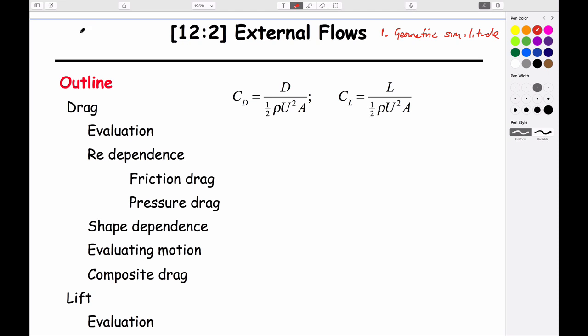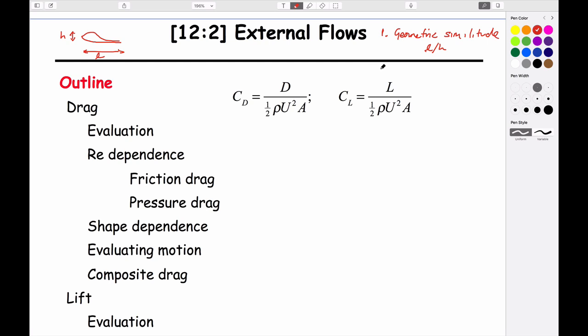For an airfoil, geometric similitude between a model and a prototype might be that the length to height ratios were the same between both components. So a scale model is a scale model in every sense of the word.